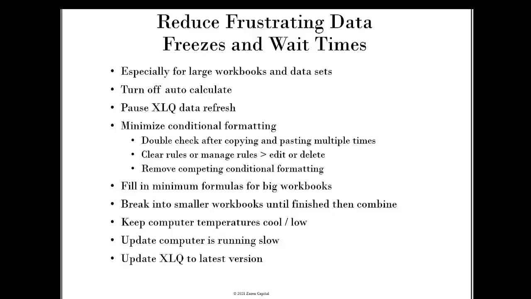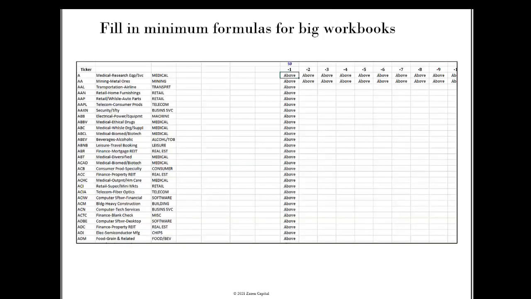When you're developing a very large workbook, you want to fill in the minimum amount of information in each page, just enough to make sure that you have the formulas correct. Here's an example. I have over 1,400 tickers and I'm doing a look back of over 252 sessions.